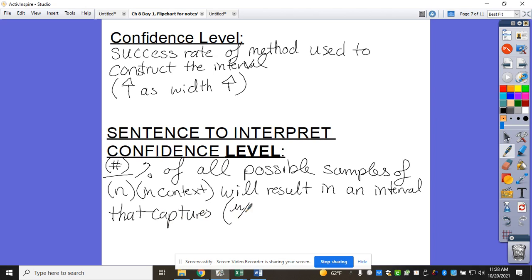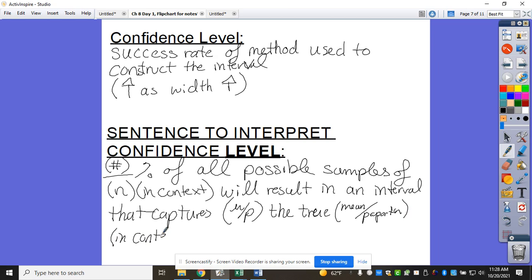and for right now I'm going to write it as mu or p. That is not a mu divided by p. That is I either put mu there or I put p there. Because those are the two we're going to deal with for this class, which would be the true mean or proportion written out in context.